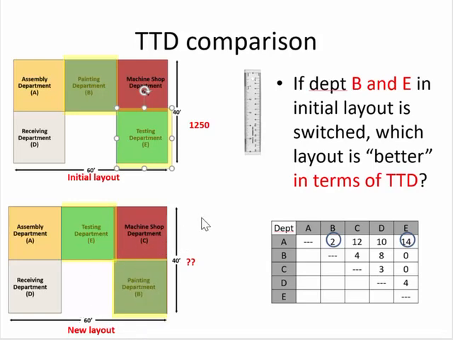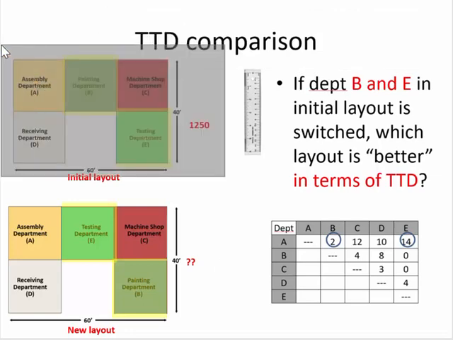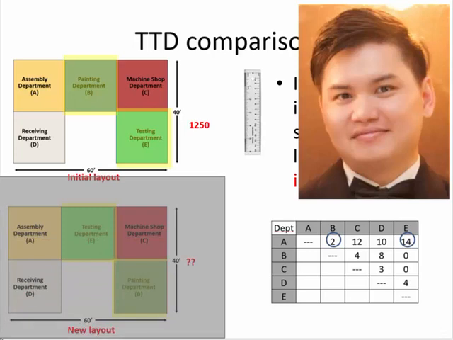Then what will be the effect on the total travel distance or the layout score? So the initial layout, which we have done previously, the layout score or total travel distance is 1250. If you switch these two departments, would the layout score become lower, higher, or the same?